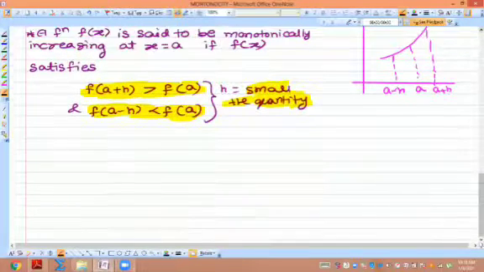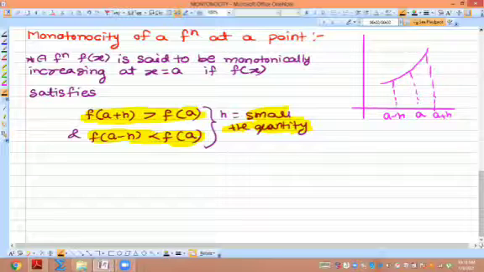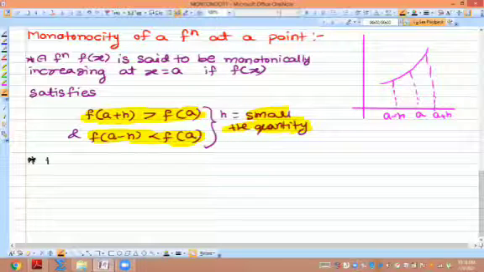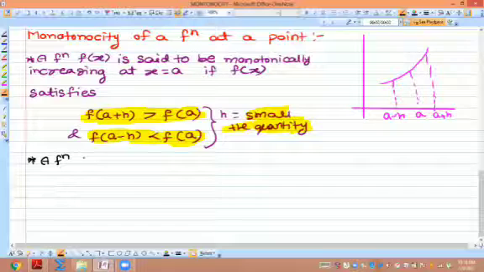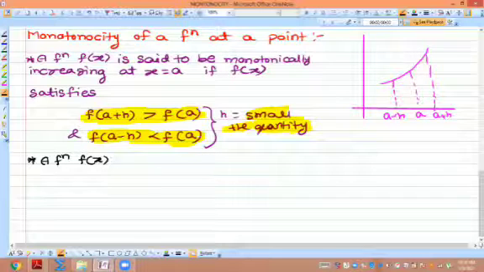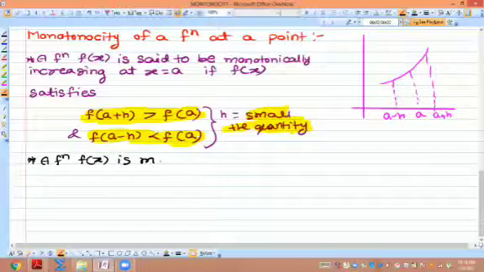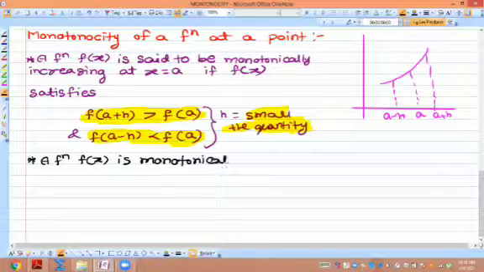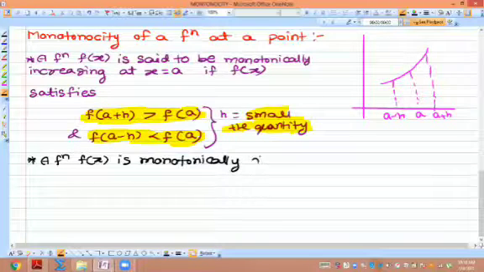In the same way, a function f of x is monotonically decreasing. Yes, you have to tell the conditions.